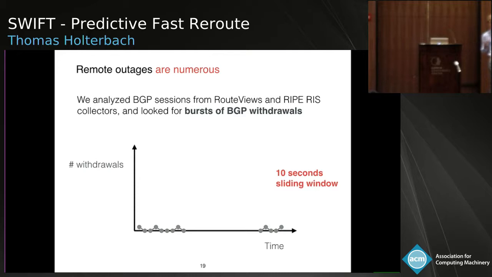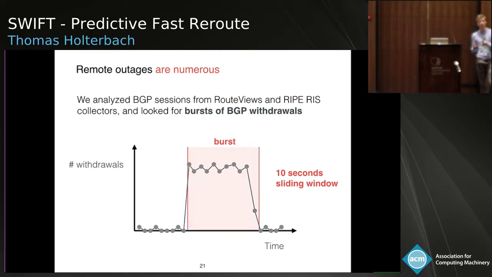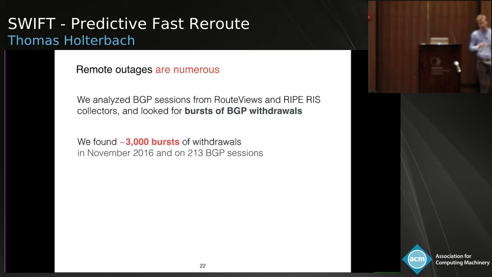But whenever an outage happens, we observe a peak of BGP withdrawals. So we use a 10-second sliding window here, and we compute the number of withdrawals on every window. And this enables us to know the start and the end of each burst. Using this methodology, we found more than 3,000 bursts in November 2016, considering 213 BGP sessions.